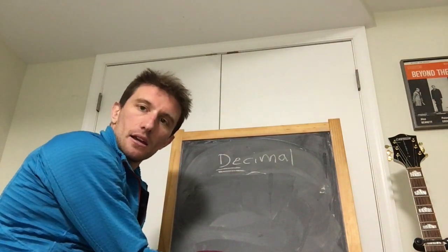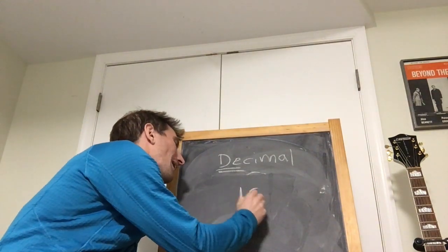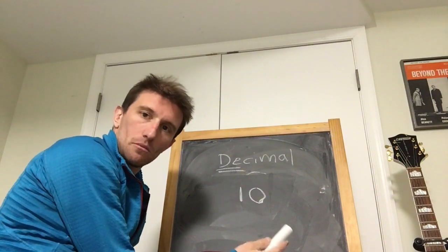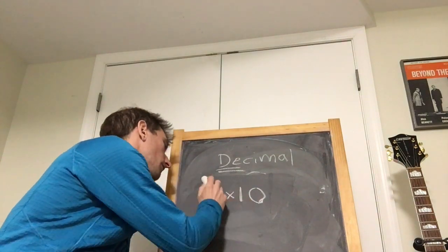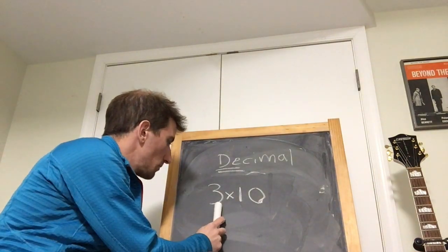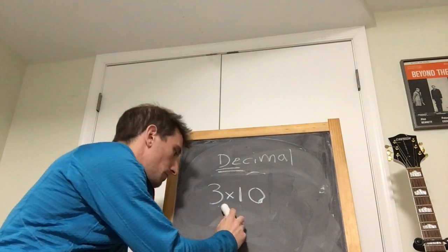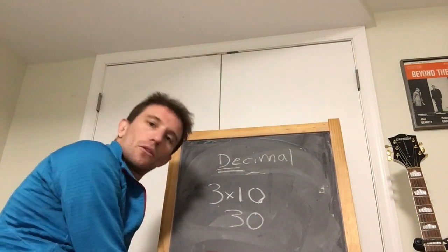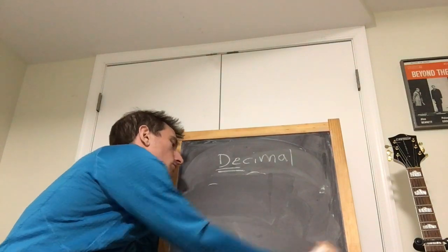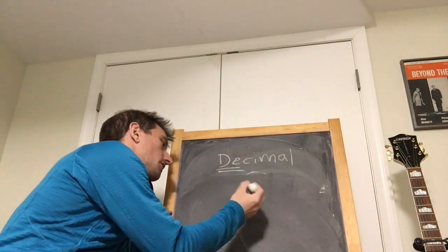All this is to say that if we are multiplying by a power of 10, we can always just move the numbers in the place value. 3 times 10, the 3 is going to move 1 place value up to become 10 times greater. And that works even on the other side of the decimal.